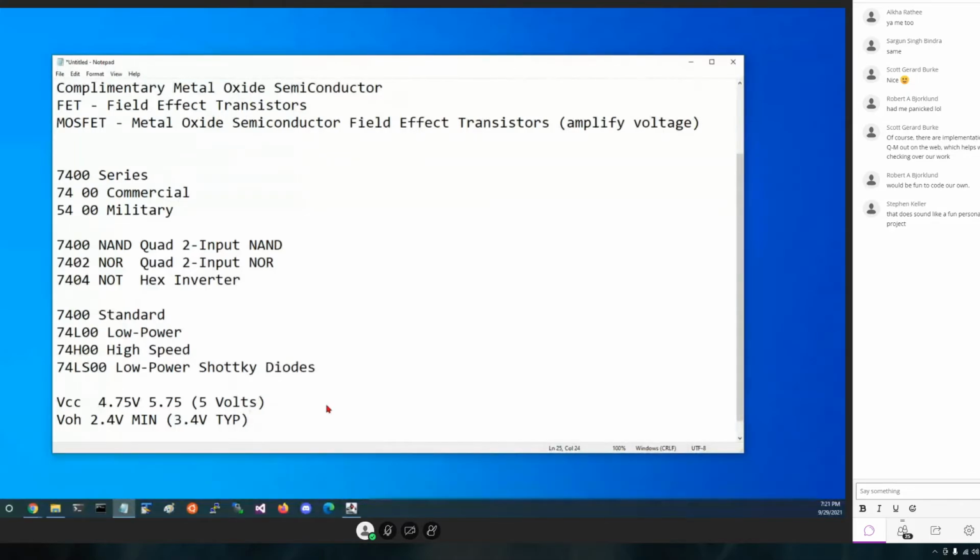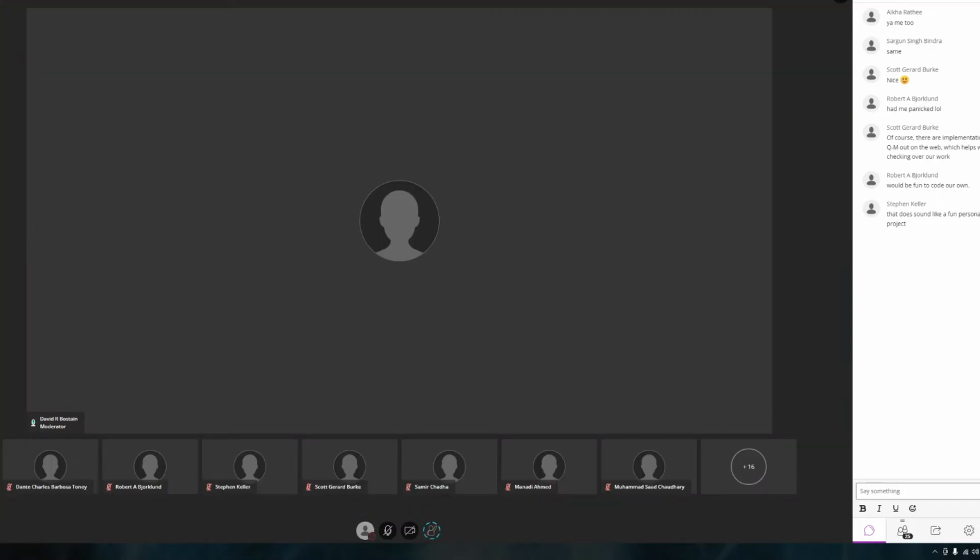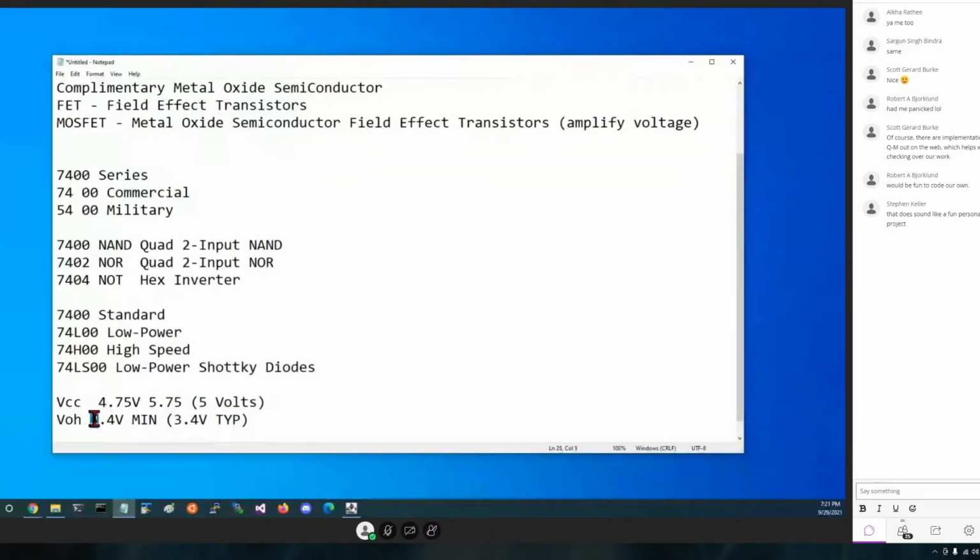So when it's high, the output could be producing as low as 2.4 volts on a 5 volt device. Keep that in mind. We're not necessarily going to be able to put 5 volts out, even though it's a 5 volt device. It's guaranteed to put out at least 2.4 volts. But usually, if you looked, it's about 3.5 volts.